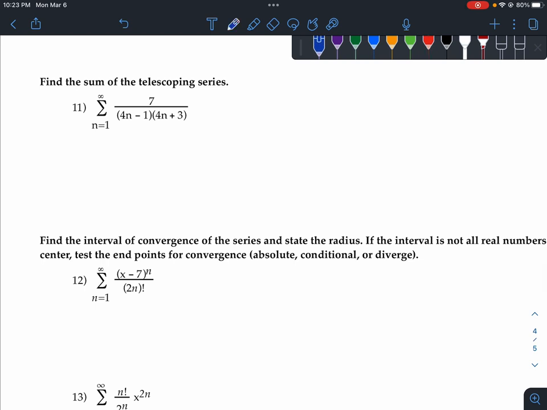So using partial fractions, we'll say this is equal to a over 4n minus 1 plus b over 4n plus 3. And by using the least common denominator and multiplying, getting rid of your denominators, you'll get 7 equals a times 4n plus 3, plus b times 4n minus 1.